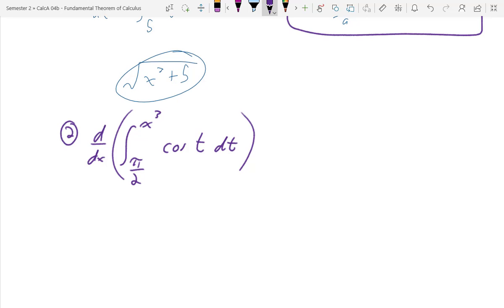I mean, you're doing the derivative as a substitution here. So if this was just an x, what would happen? It'd just be cosine x. It's not an x, it's cosine of x cubed, but, so then? 3x squared. Yes. We had to do the 3x squared because of chain rule, but other than that, we just take care of the substitution and then we're okay.